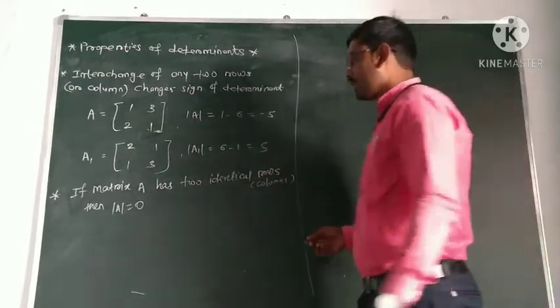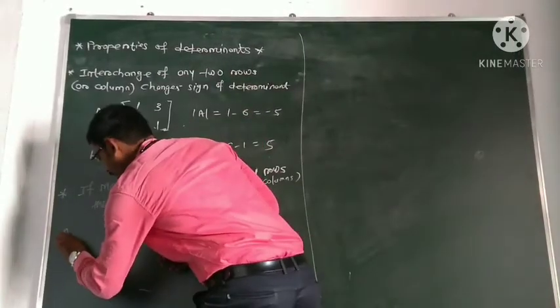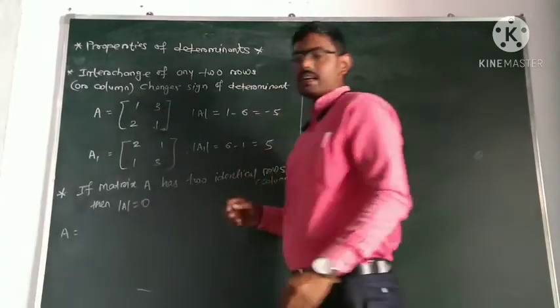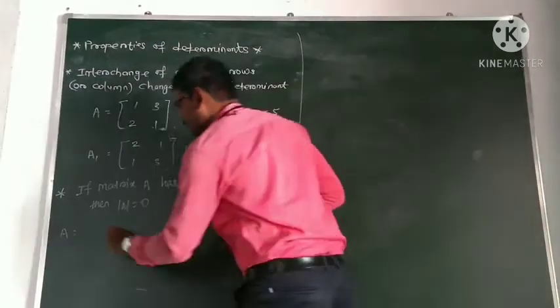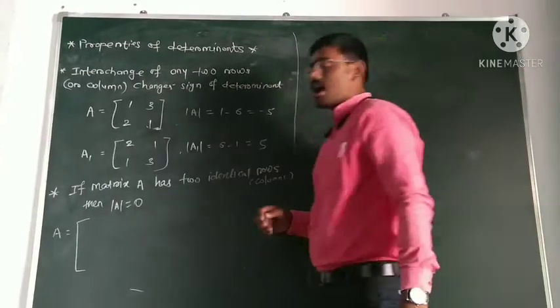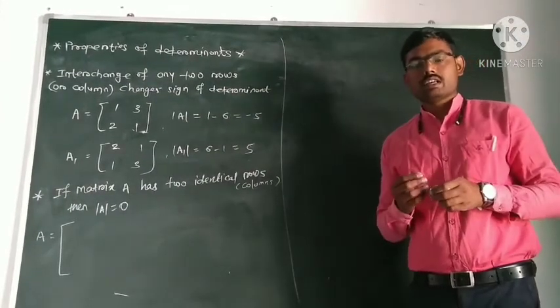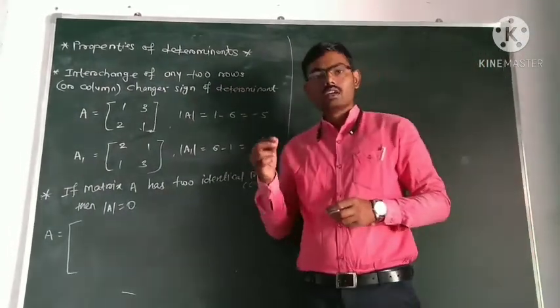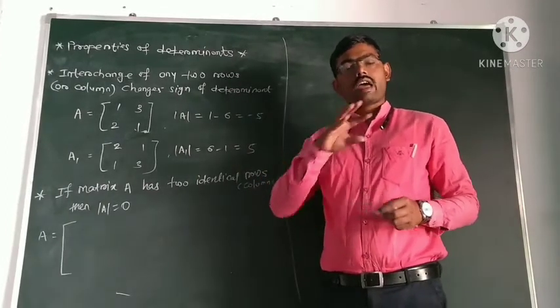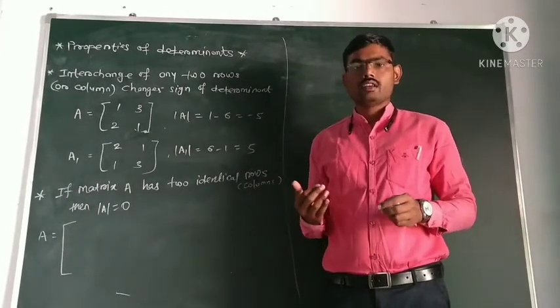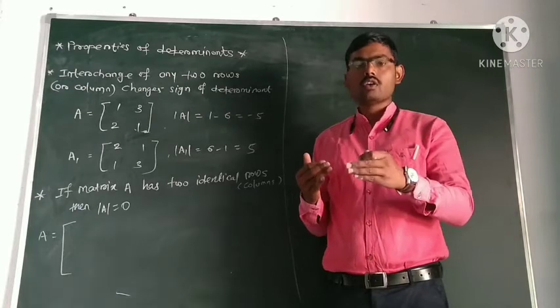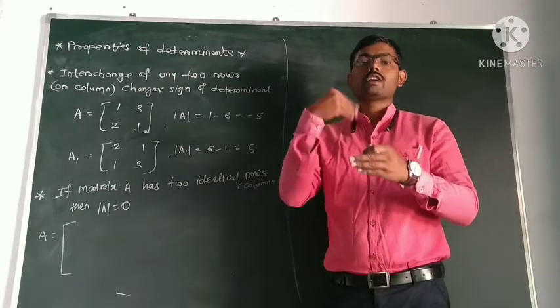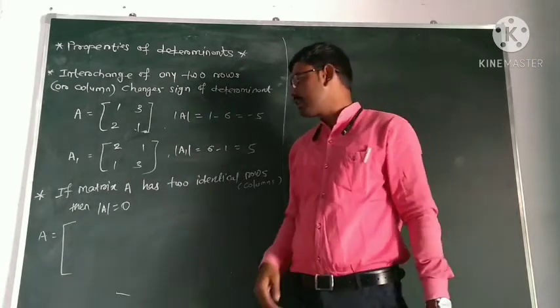Okay. Take the example, the matrix A. Now identical rows means either the two rows are directly the same, or there is a row which is just a multiple of another row. Then also the determinant is 0.